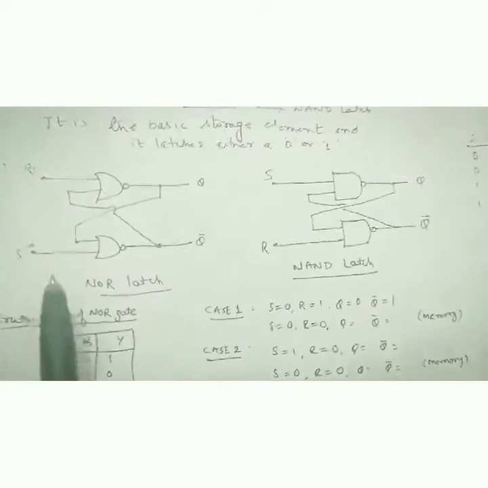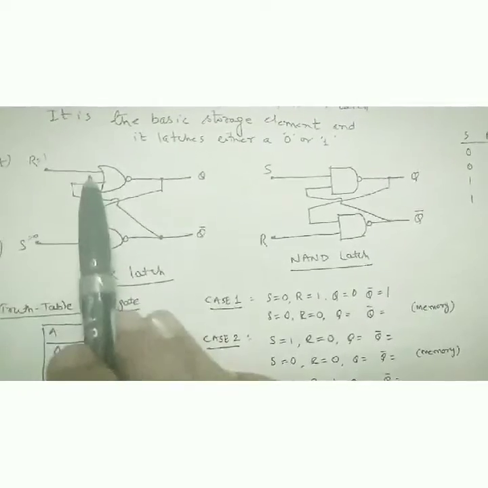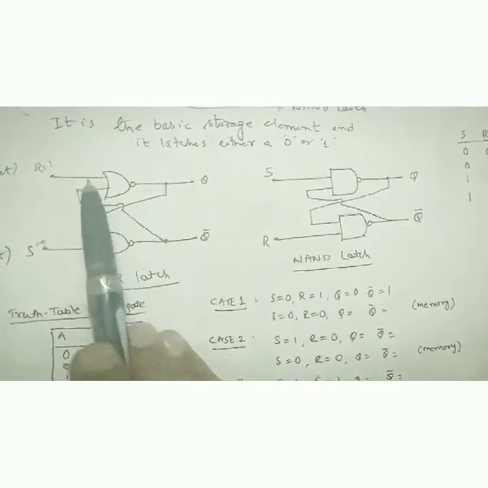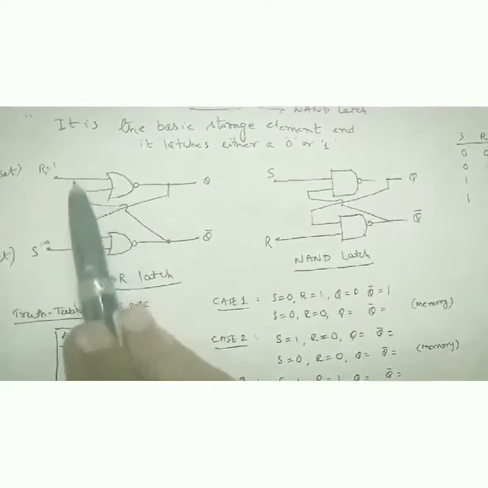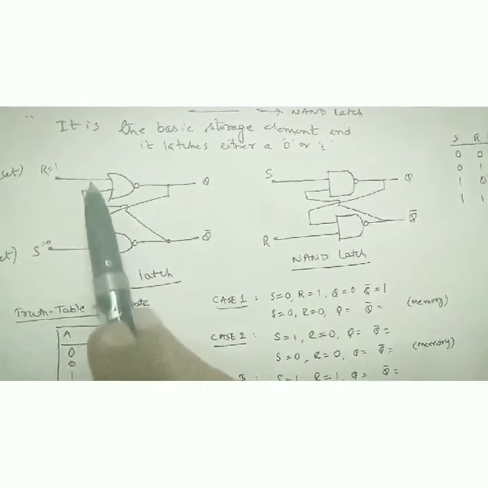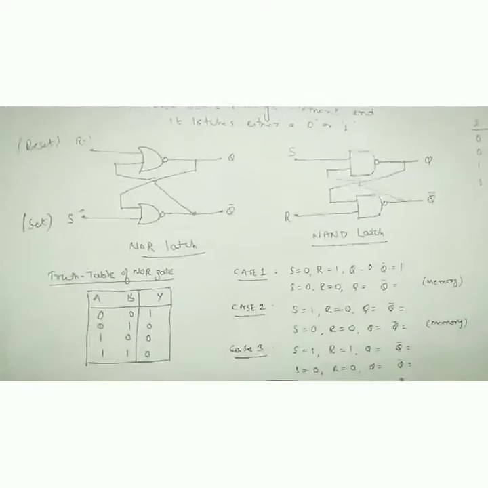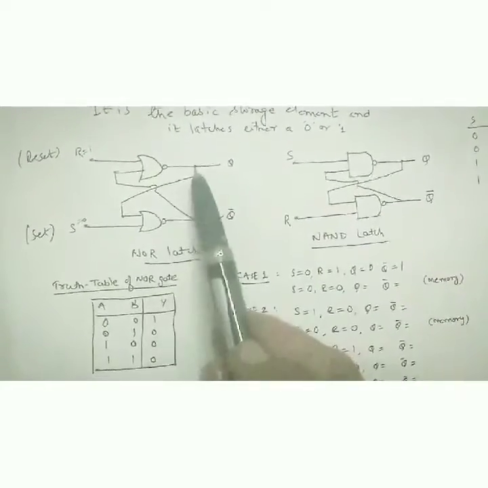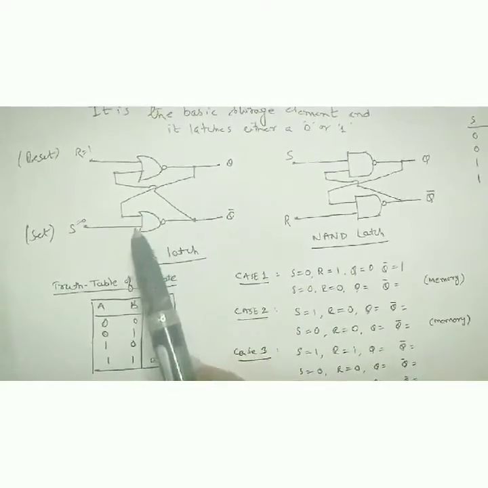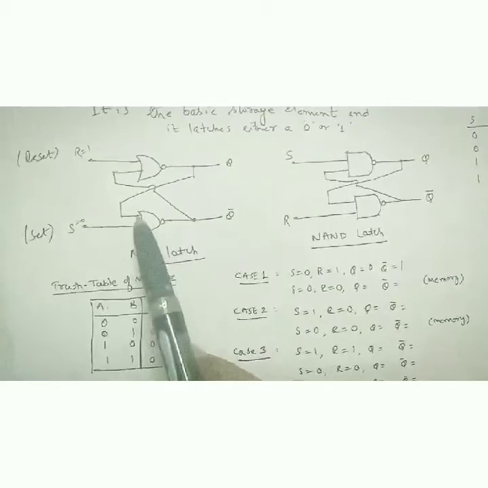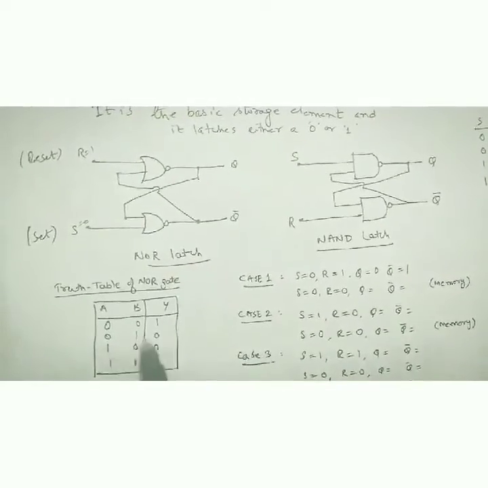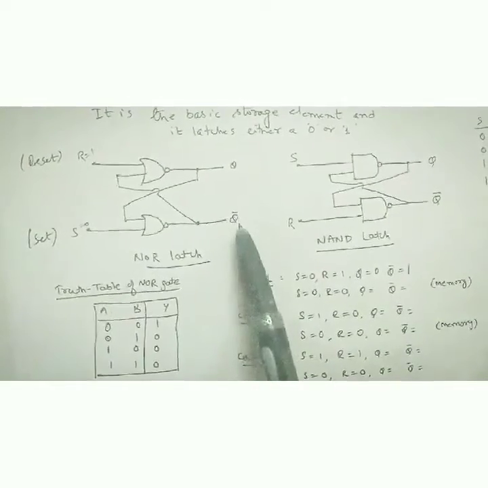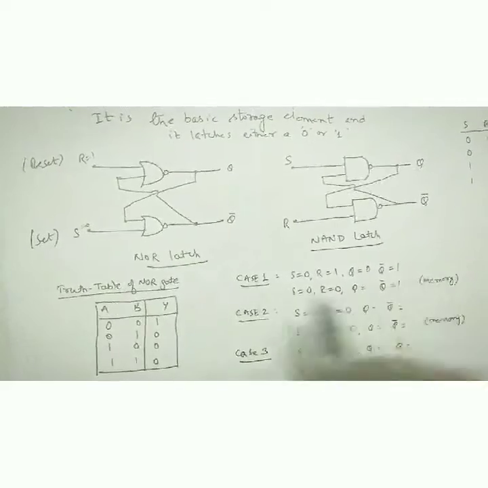Now just imagine what will happen when S is equal to 0 and R is equal to 0. Suppose we consider this one. Now this is 0, this is 0, and we have Q equal to 0. So when both the inputs are 0, this will cause the output to be 1, that is, Q bar we get as 1.